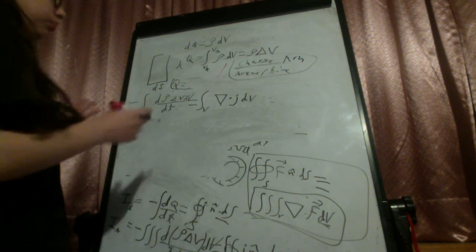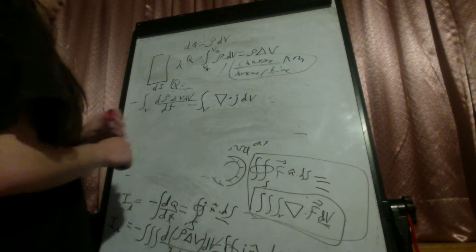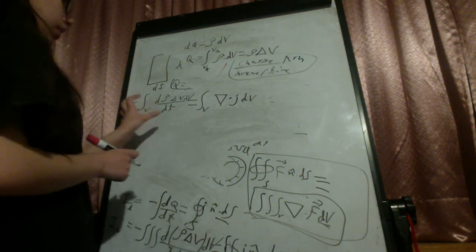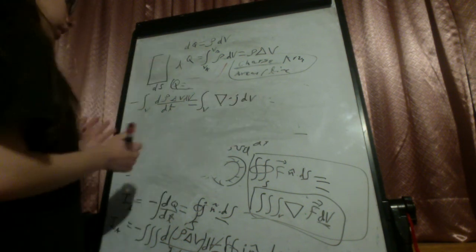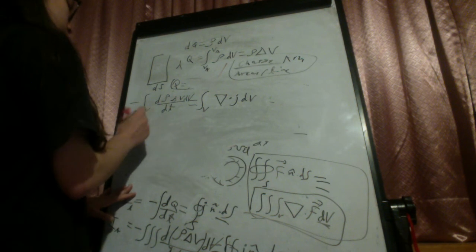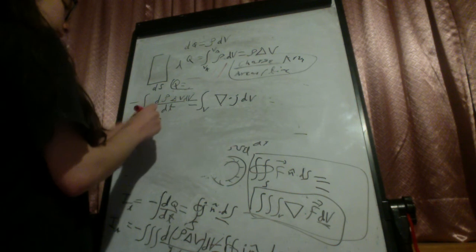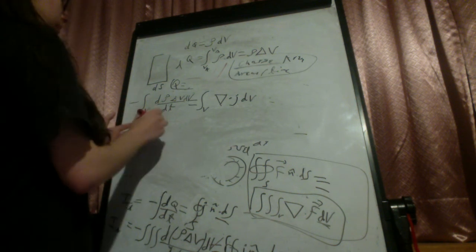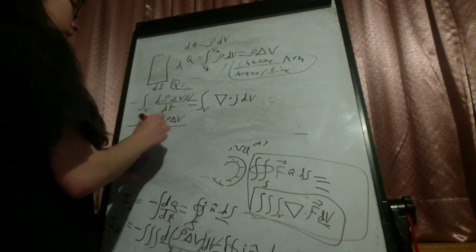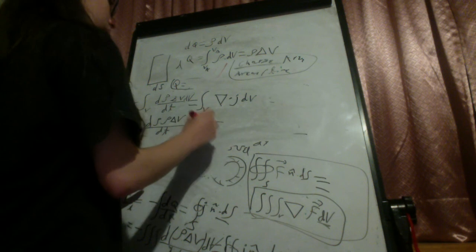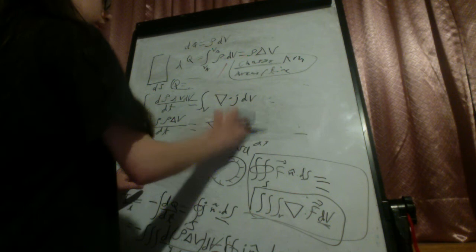So I undo the integration, because if the integral of this is equal to the integral of this, that means that this is equal to this, so I can take out the integral. So I have that the negative of the derivative of the density times the volume in dt is equal to the divergence of the J current density.